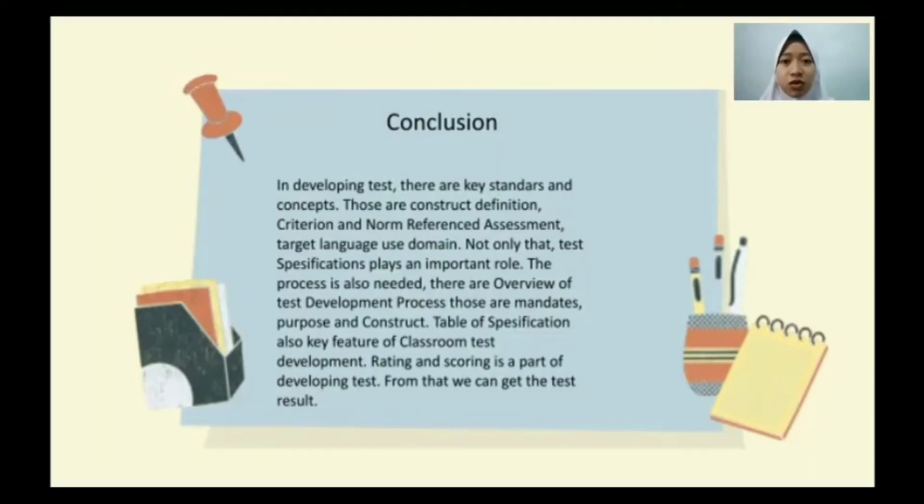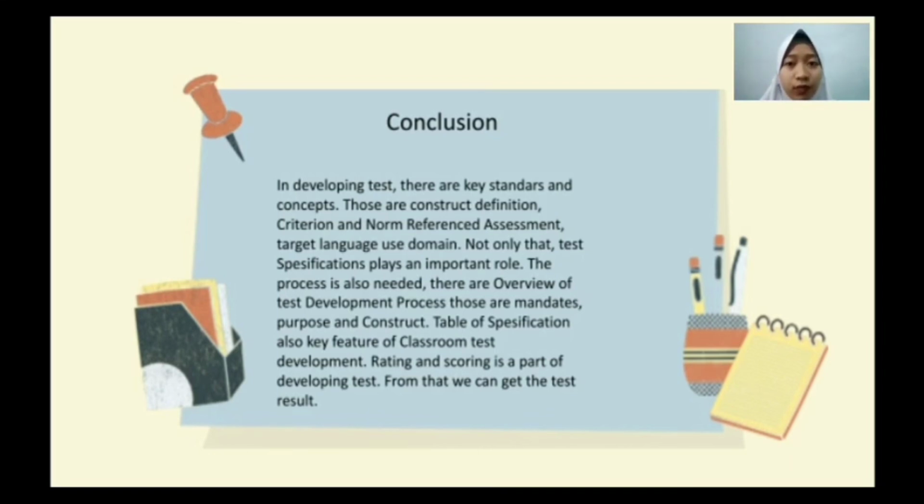And then the last is the conclusion. In developing tests, there are key standards and concepts. These are construct definition, criterion and norm reference assessment, and target language use definition. Not only that, test specification plays an important role. The process is also needed.